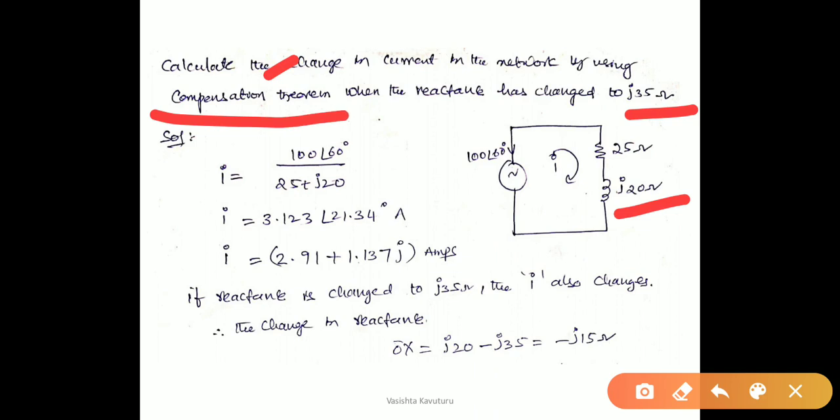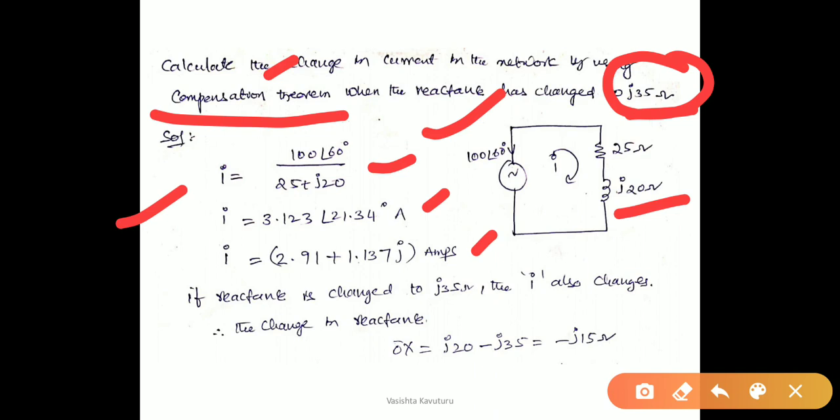Before the change in reactance, from the given network the current is calculated as 100∠60° divided by 25 + j20, which can be calculated in polar or rectangular form. Now if the reactance is changed to j35 ohms, the current in the circuit also changes.